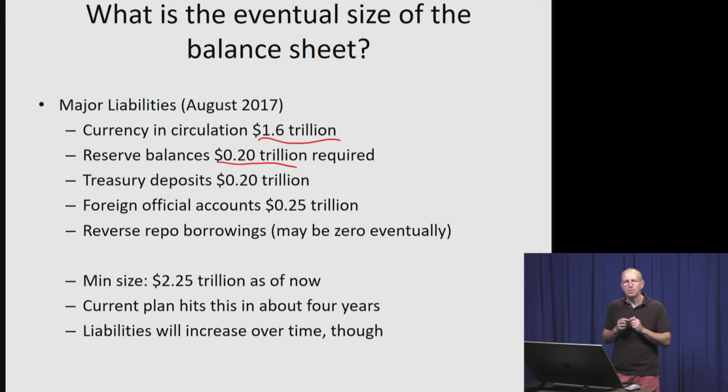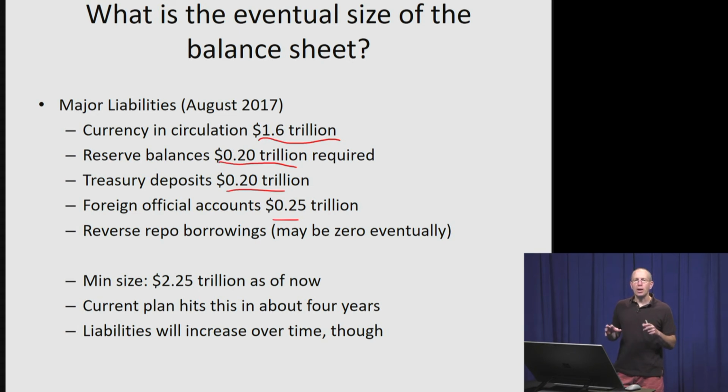Even though it changes the composition of the liabilities, the overall net impact is zero. So if you total up these four factors here, they add up to about $2.25 trillion right now. And I'm rounding just a little bit, but not by very much, because remember, this is just a back-of-the-envelope calculation.